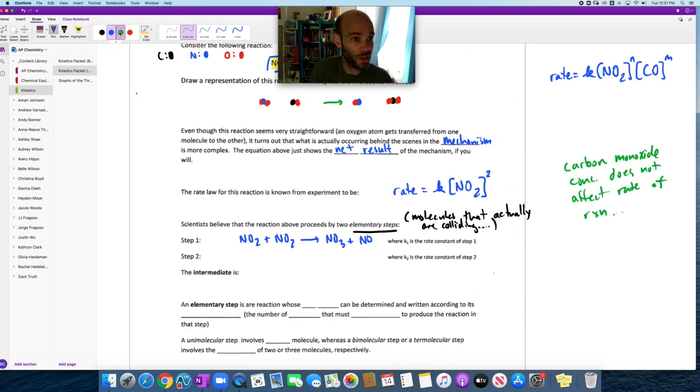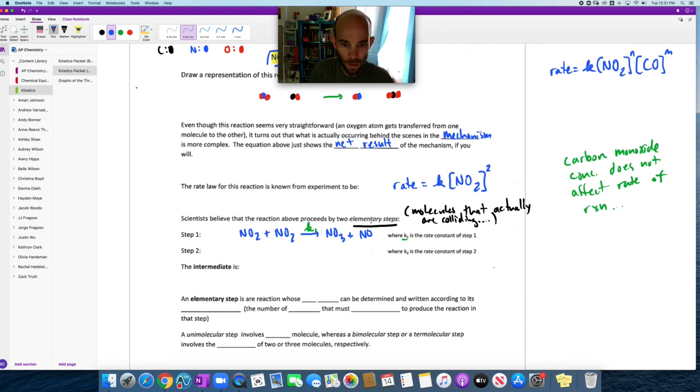And this elementary step has its own rate constant, k1. And then there's a second step in this supposed mechanism. This NO3 goes on to react with the carbon monoxide that's present. And that generates some NO2 and the CO2. That step has its own rate constant.